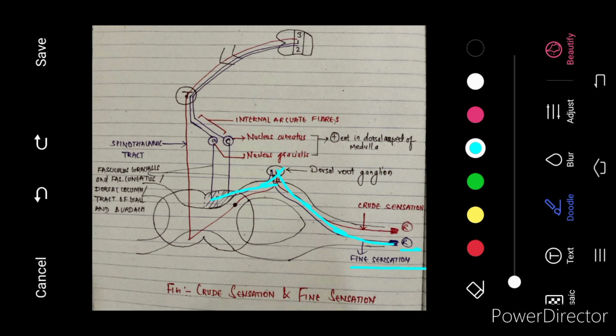And from here the fibers which are present on fasciculus gracilis go to nucleus gracilis, and from fasciculus cuneatus the fibers travel upwards to the nucleus cuneatus.